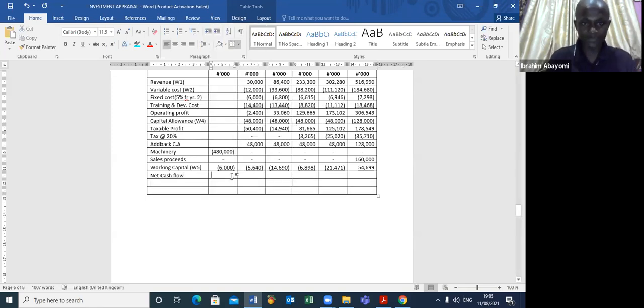So net cash flow here will be, year 0 will be 486,000 negative. What about year 2?